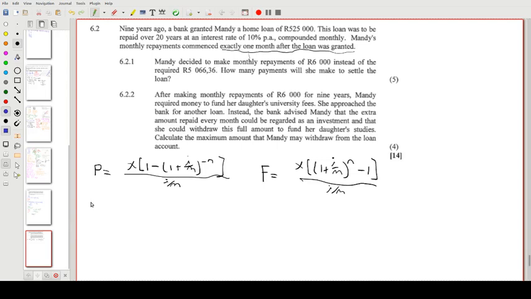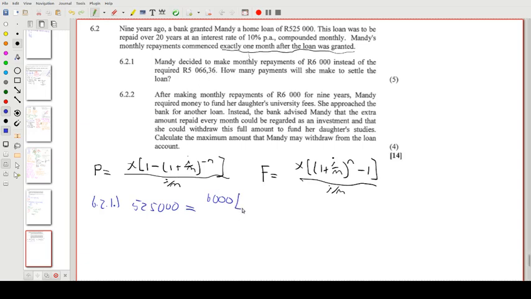6.2.1. Mandy decided to make monthly payments of 6,000 instead of the required 5,066. So present value, that is the loan amount. So that'll be 525,000 equals x, which is our monthly repayment, so that's going to be 6,000 instead of the required 5,066.36.